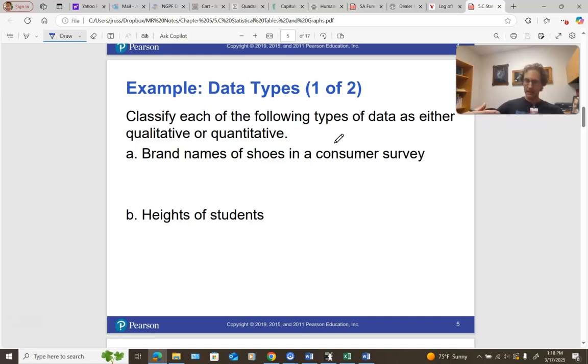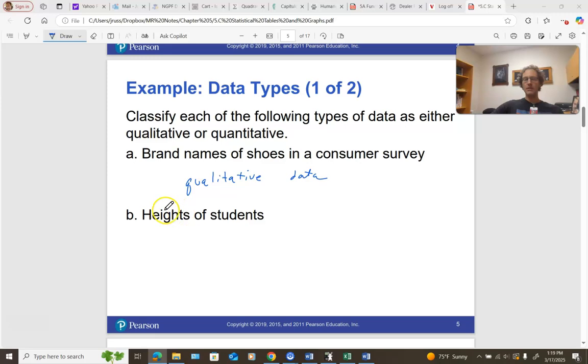And so the data that they collect will be these different brands of shoe. And so because of that, this is qualitative data. The categories in this case, if we were going to do a frequency table, would just simply be the different brands of shoes.